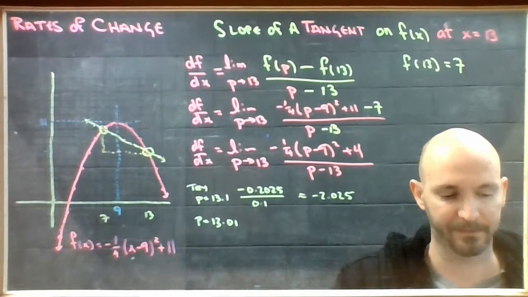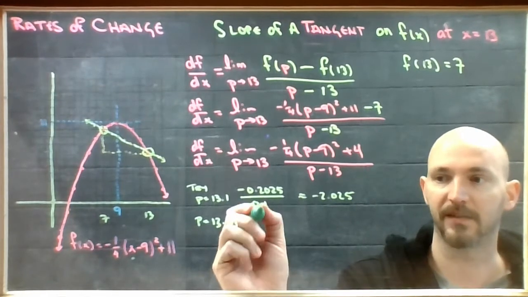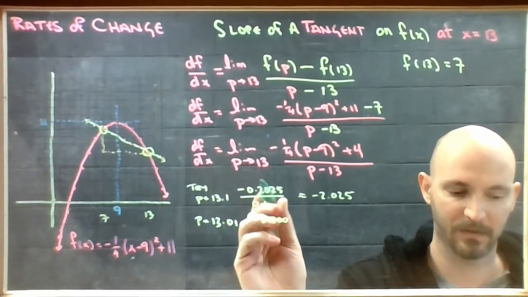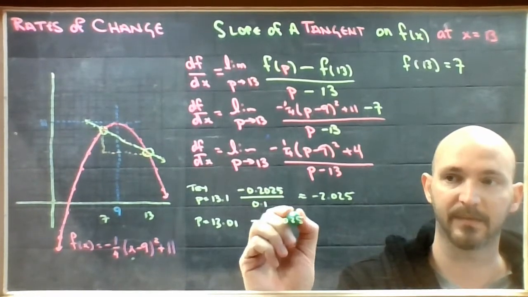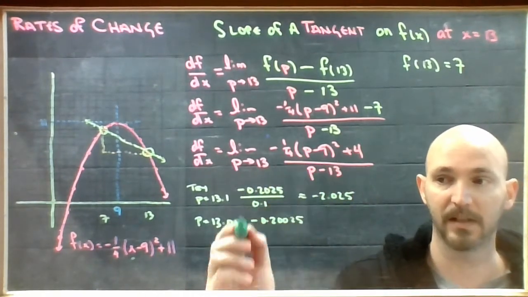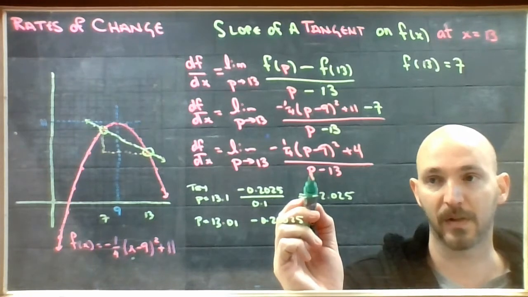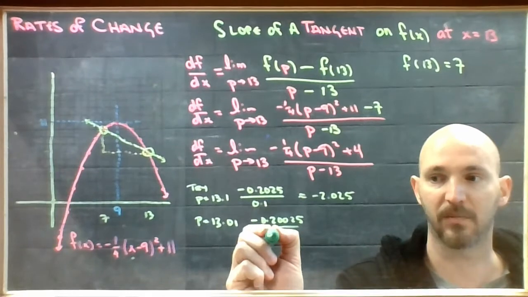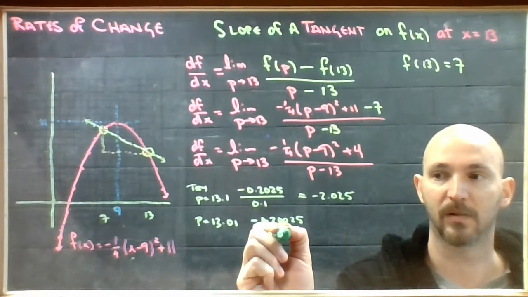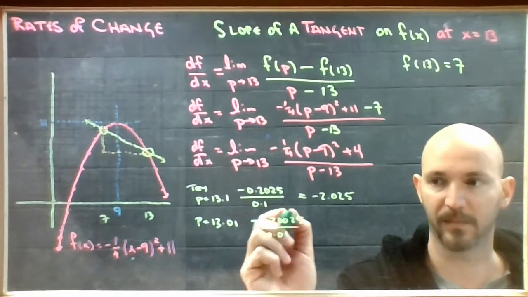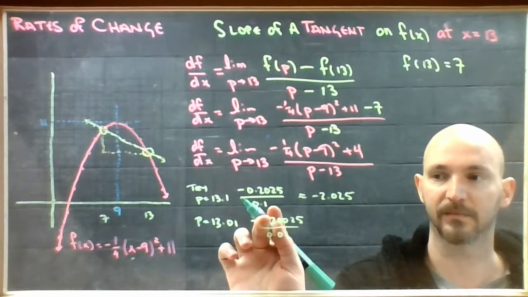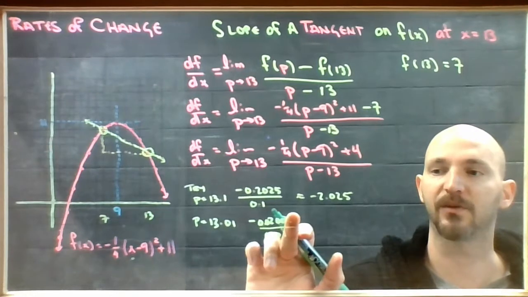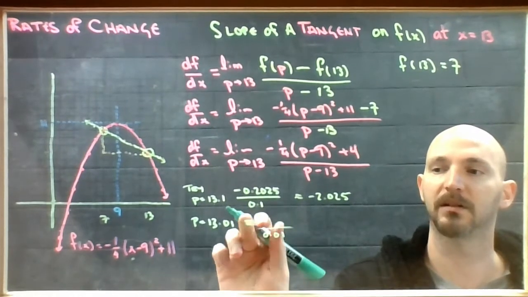Plus 4 gives me negative 0.020025. That's what the numerator turns into. The denominator would be 13.01 minus 13, which is 0.01. Oh, sorry, there's an extra 0 in here. So let's just rewrite the whole top there.